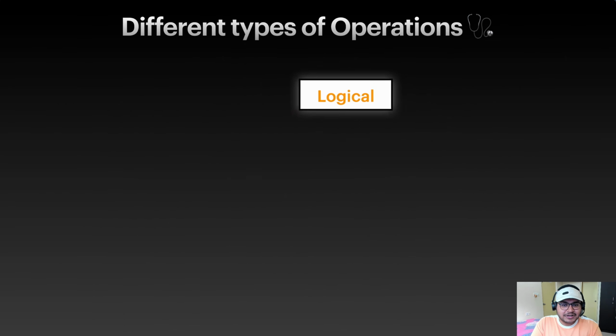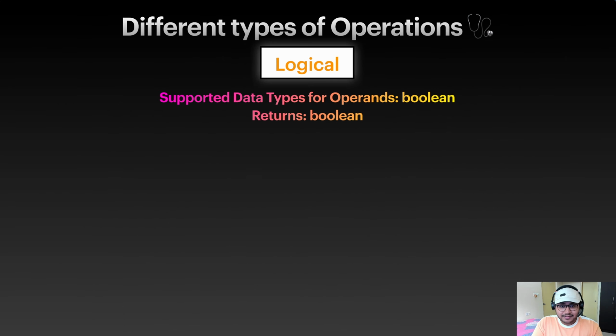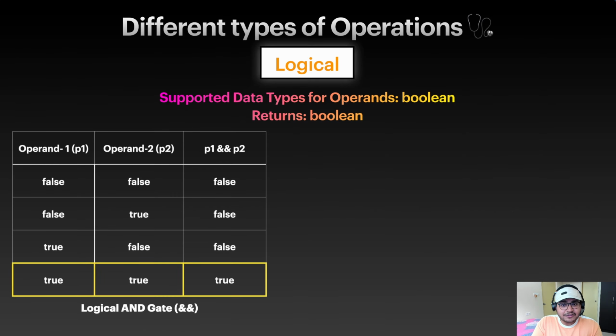The next set of operators are logical operators. These are also binary operators, but they work only on Boolean operands, that is true or false, and return a Boolean value. Java provides 4 logical operators. The first one is AND, which returns true if and only if both the operands are true.